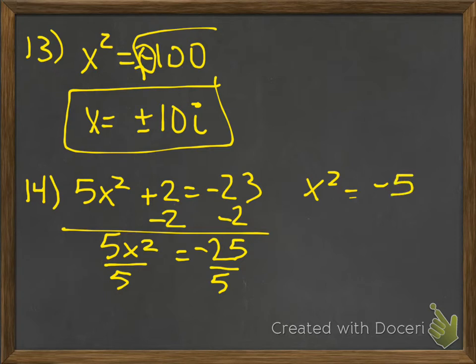Okay, and then from there we can take the square root, and so I would have x is equal to plus and minus. There is no square root of negative 5, but the negative means I will put an i, square root of 5. Remember, i is first, square root second. Okay, that's it for that. If you have any questions, feel free to ask.